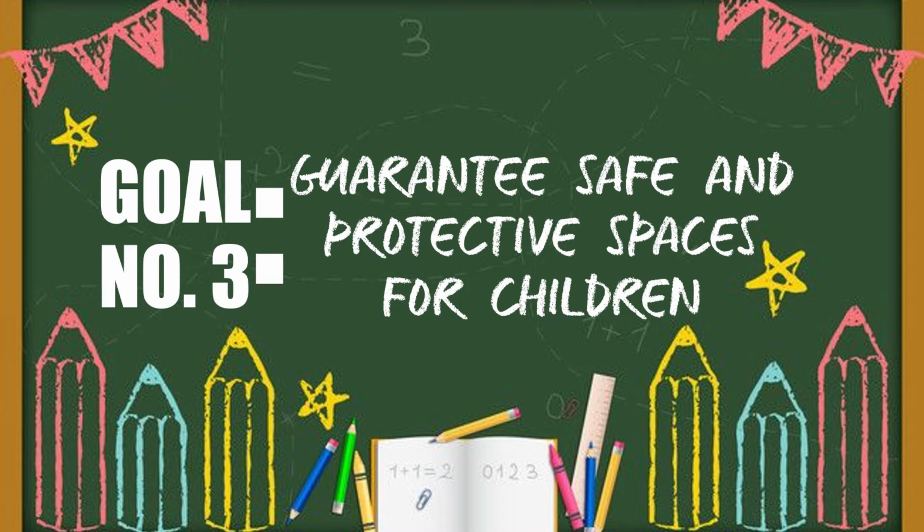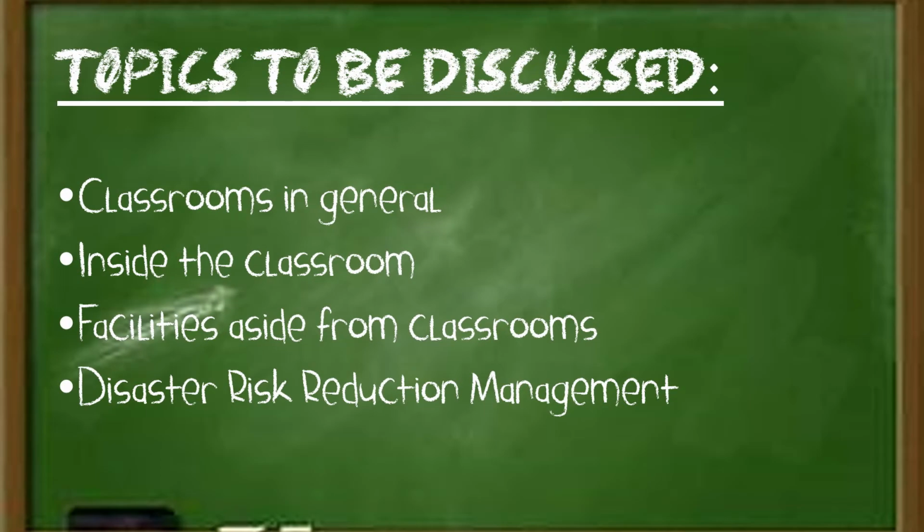Good day, everyone. Today, Engineer Lisiges and I will be presenting goal number 3, which talks about how the schools can guarantee safe and protective spaces for children. I will be discussing the first 3 on the list that you can see on your screens: 1.